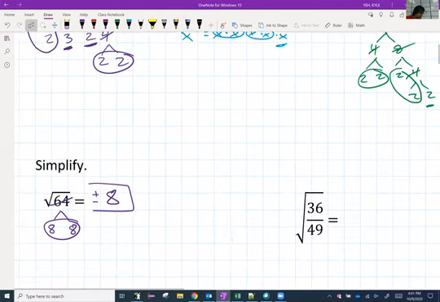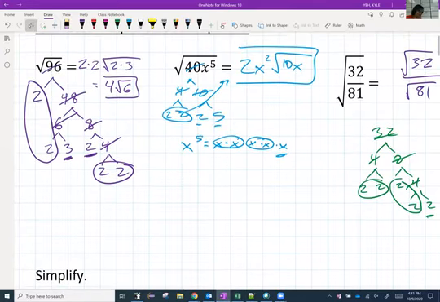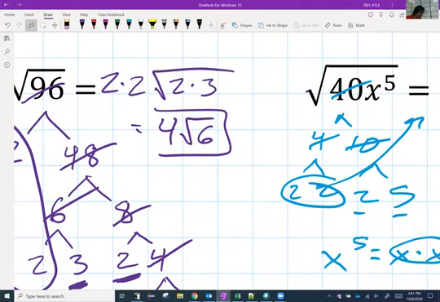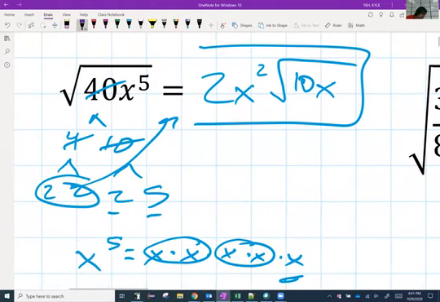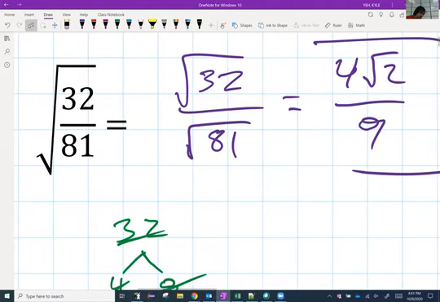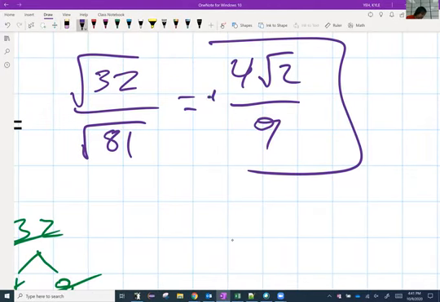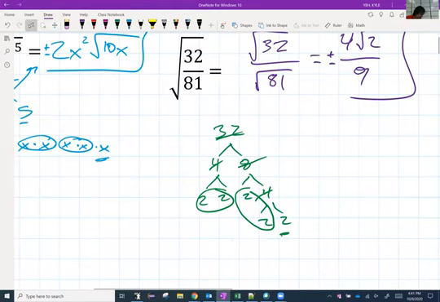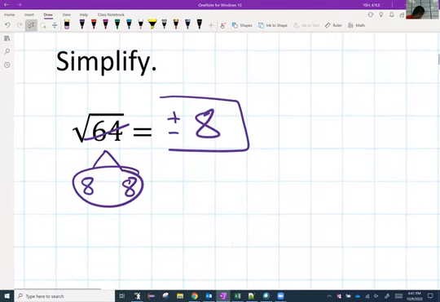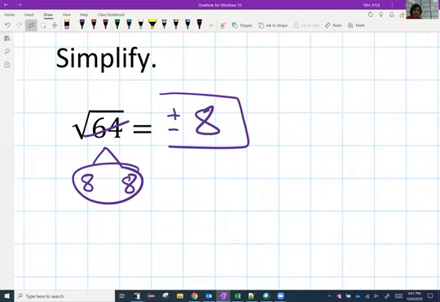So the answer is going to change a little bit through the year depending on the context. But for now, I do want you to realize every square root is going to be plus or minus. And so I'm going to add a plus or minus to each of these. Anytime I'm taking a square root, there will be a positive version and a negative version.